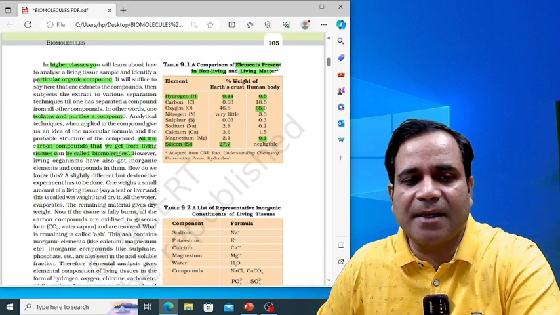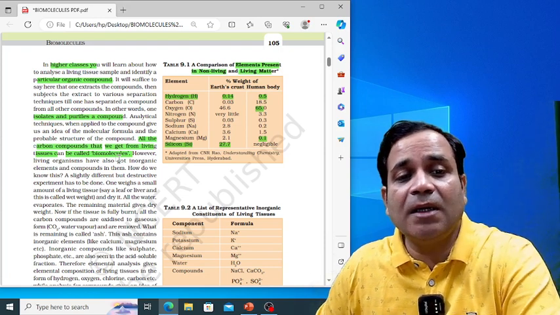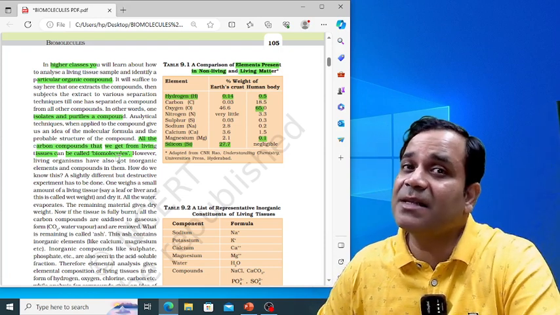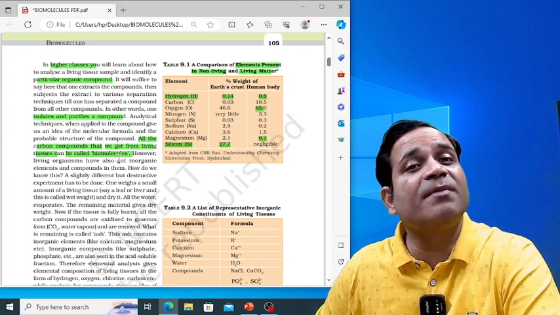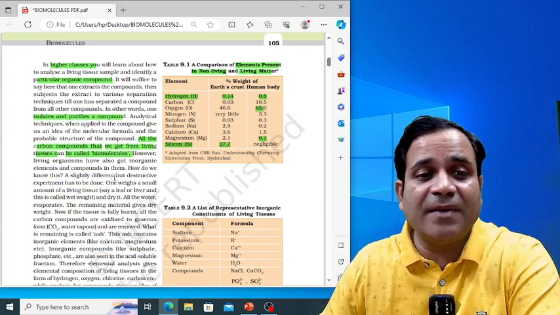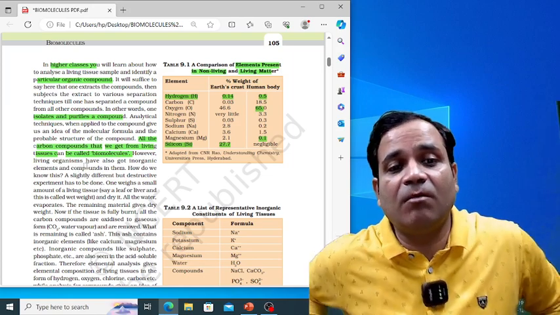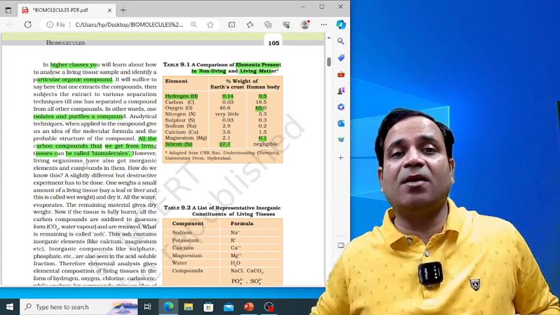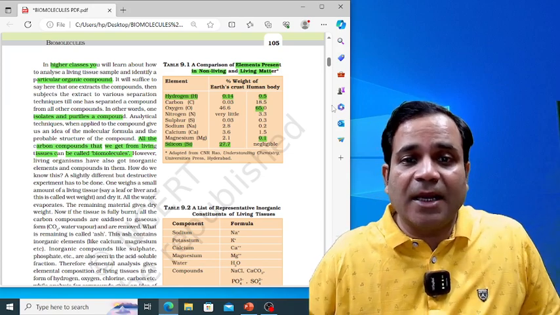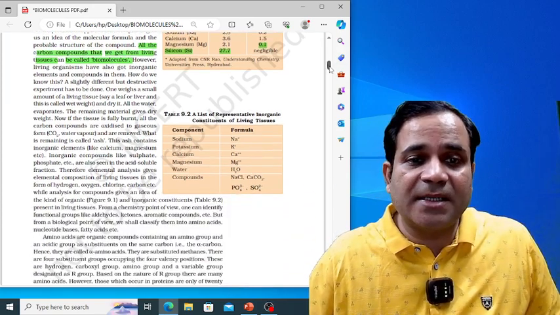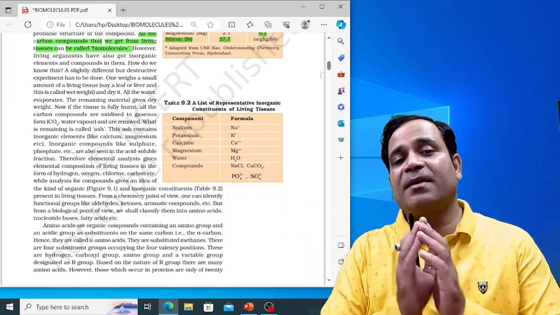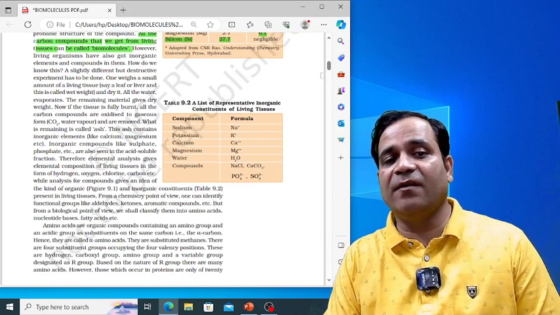All the carbon compounds, meaning the compounds made up of carbon that we get from living tissue, can be called biomolecules.